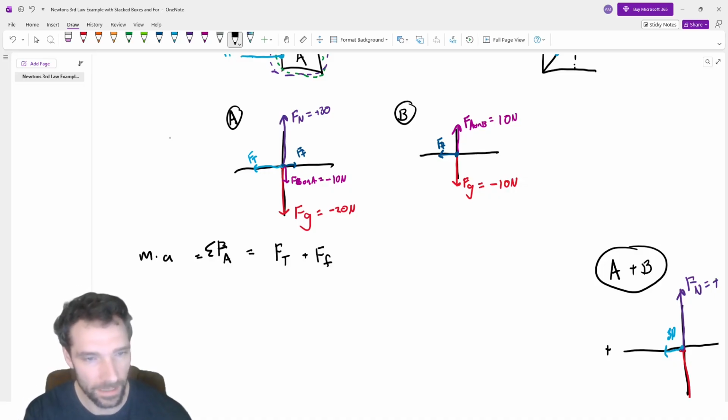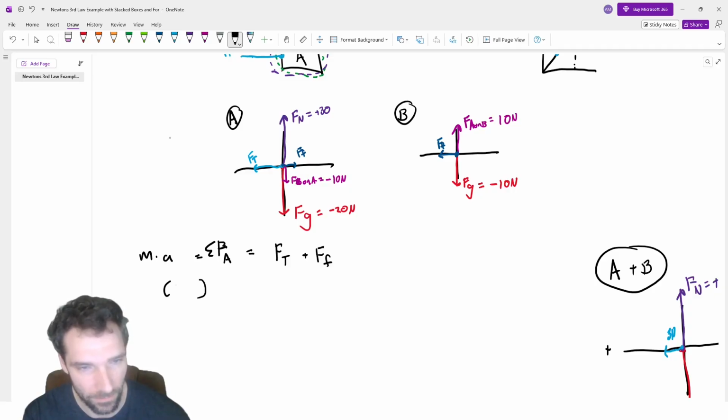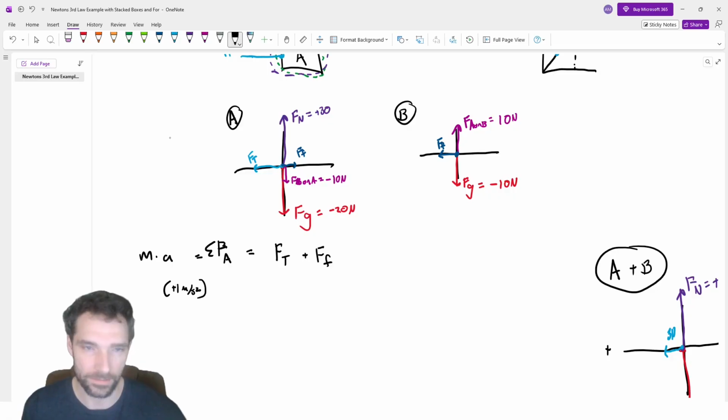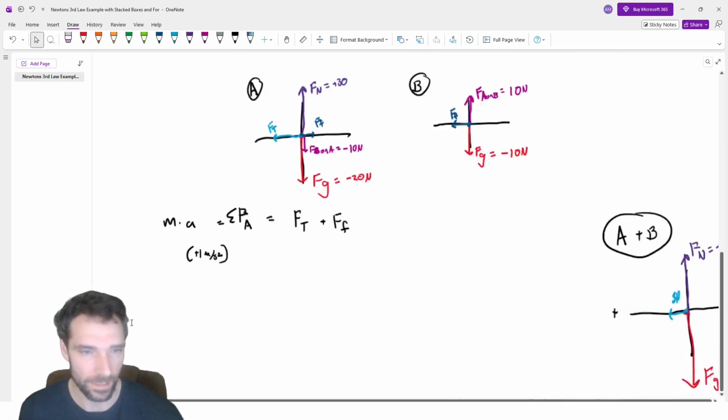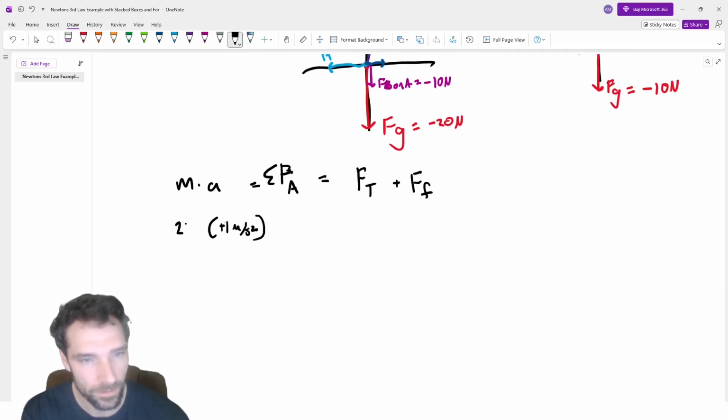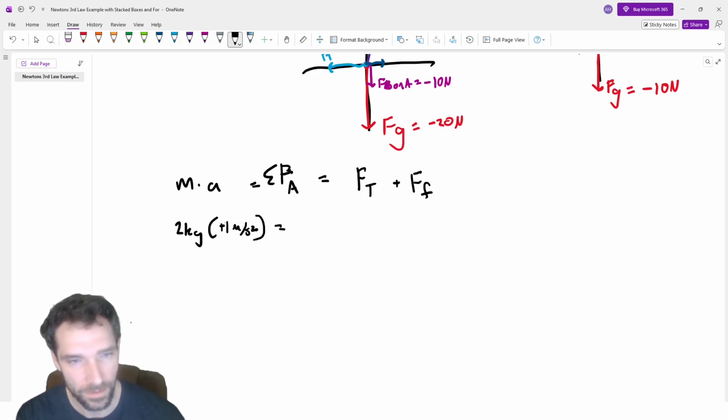So object A is accelerating at +1 meters per second squared, and A, I believe we said, was 2 kilograms. And if we have 2 kilograms times 1 meter per second squared, that means that the sum of forces is going to be +2 newtons.